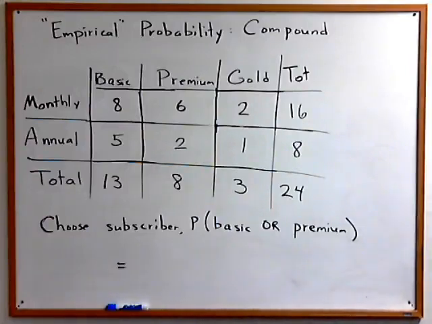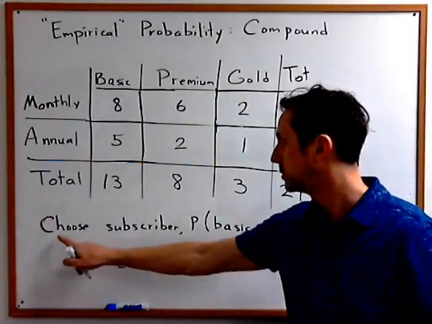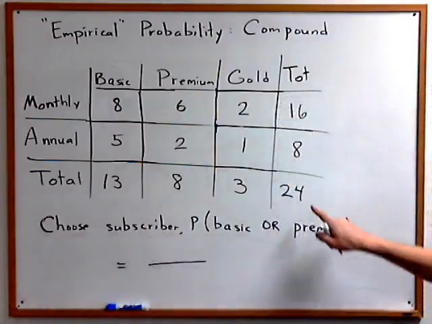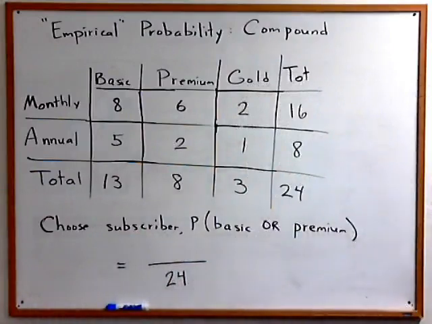So the next problem says, if you choose a subscriber, what is the probability that she is a basic member or a premium member? Let's form our fraction with the denominator first. We're choosing from among all the subscribers. There are 24,000 of them. How many of them are basics or premiums?